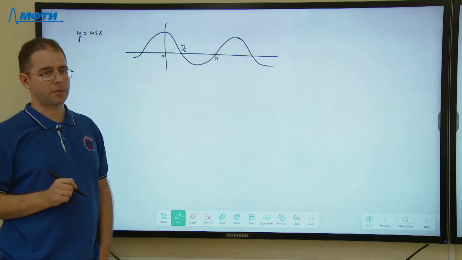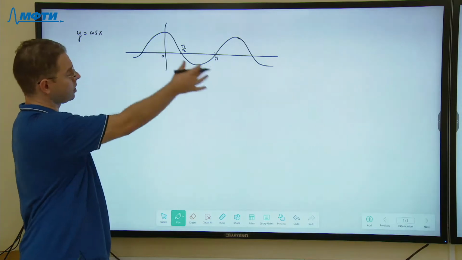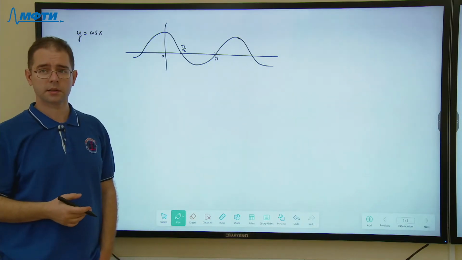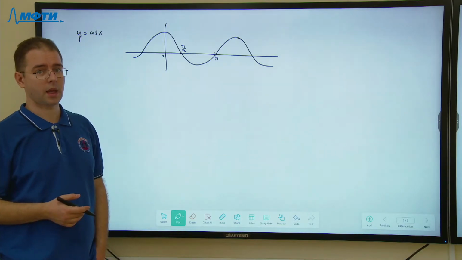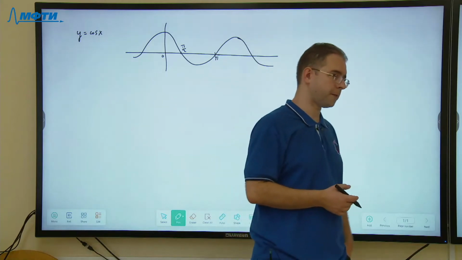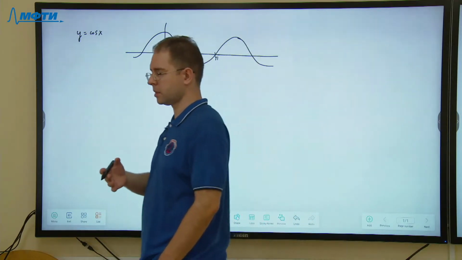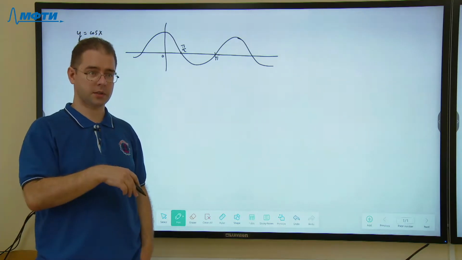So this function is neither increasing nor decreasing on the whole line, but it is monotonic on specific intervals. Later we will discuss that if a function is monotonic on an interval, there is an inverse function.